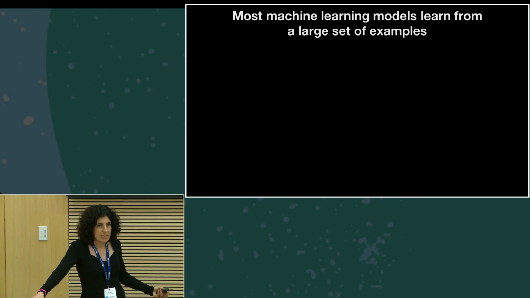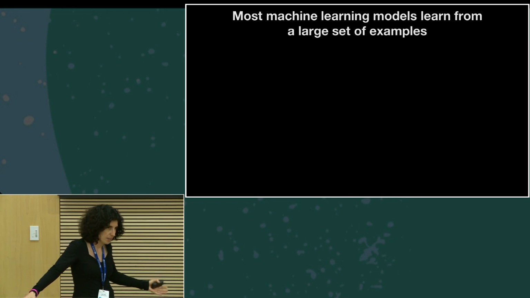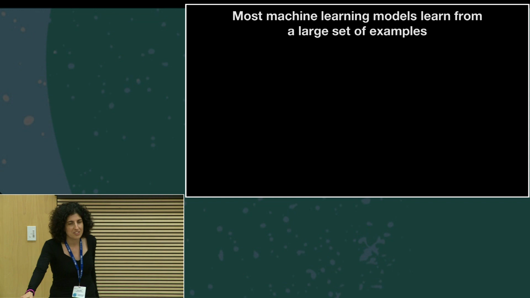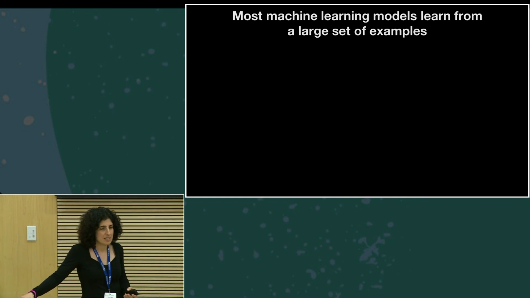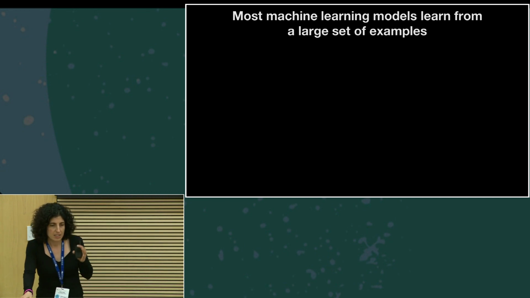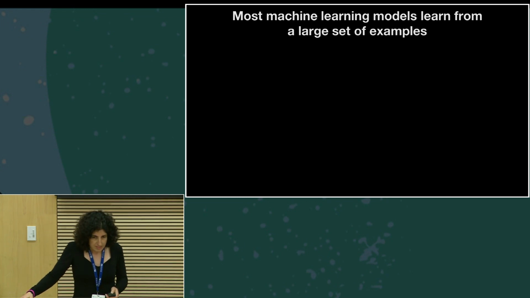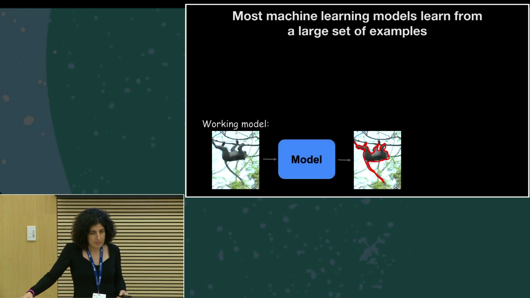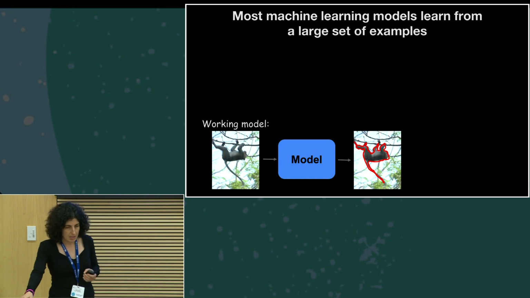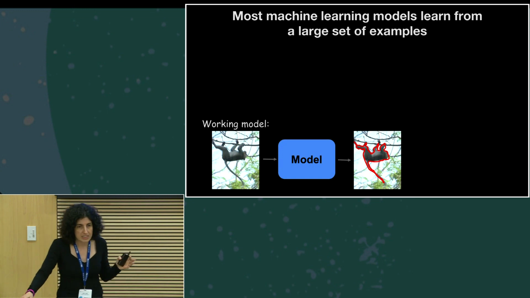How do we get machine learning or artificial intelligence to learn what an object is and to identify it? They learn from a large set of examples. So let's say that we want a model that identifies monkeys in images.